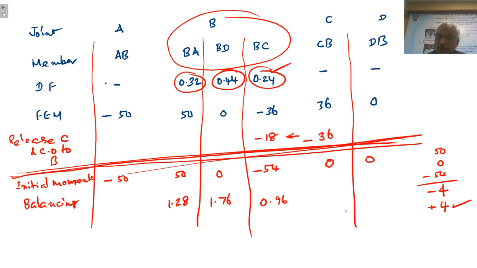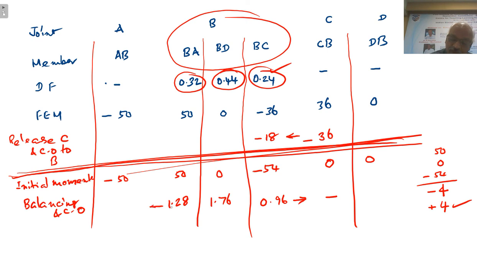That's all. We are not going to carry over to the end B. And at B, there is no distribution, no moment is going to come and disturb the balancing again. So no moment will be carried over from C to B or A to B. Therefore balancing is once for all over. Therefore carry over to the opposite end. Carry over, balancing and carry over in the same line. Here you should not disturb the balancing.